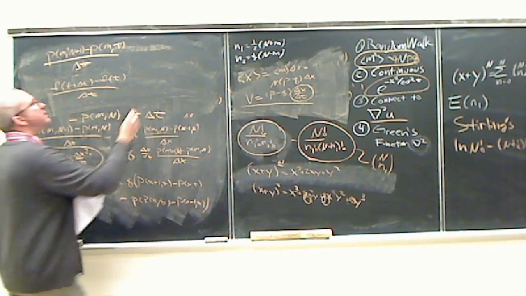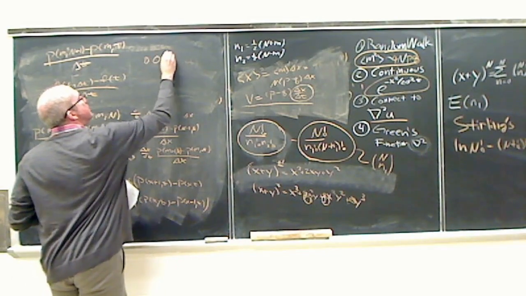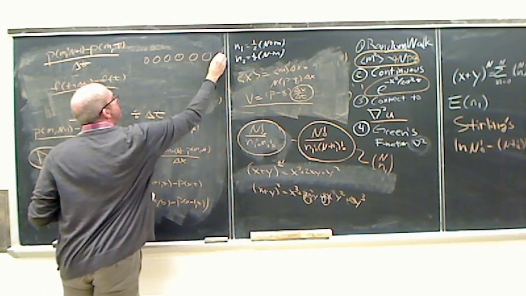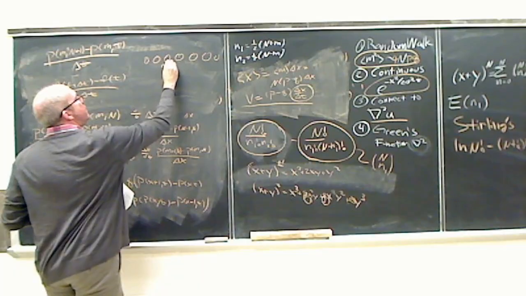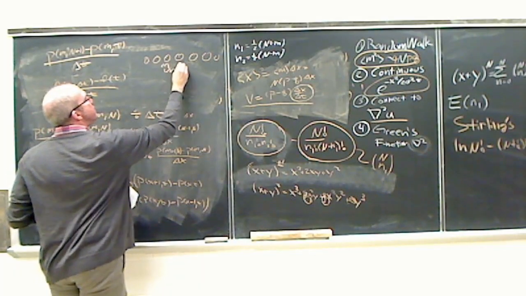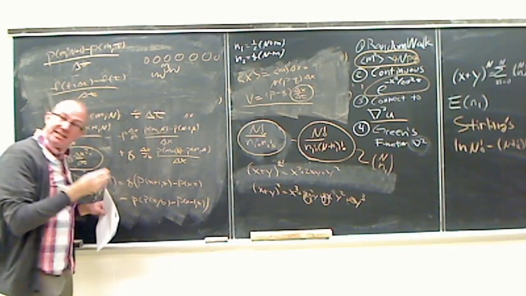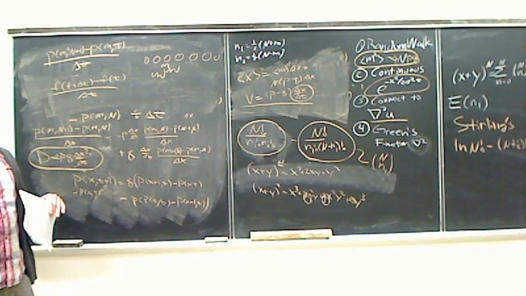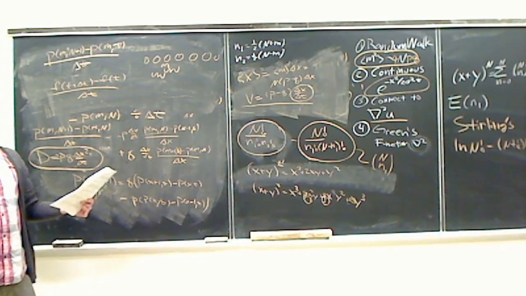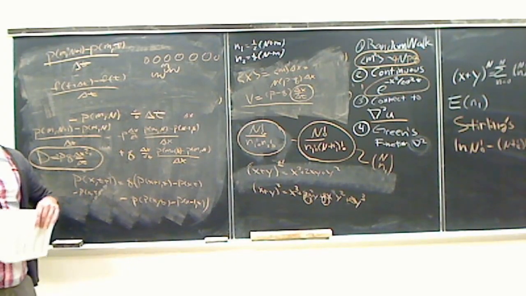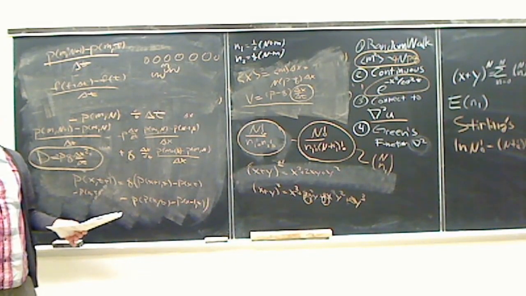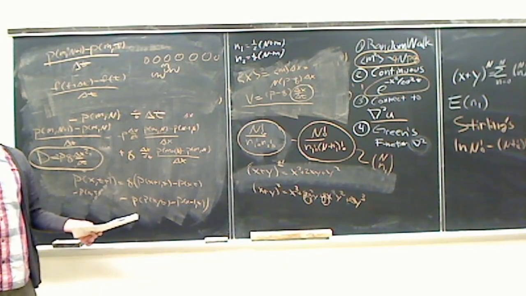So if we think about lattice points in space, if this is m, I'm taking this difference and I'm going to subtract this difference. So what is that? If I have one difference, that turns into a derivative. Now I have the difference of derivatives, which is the second derivative, right?